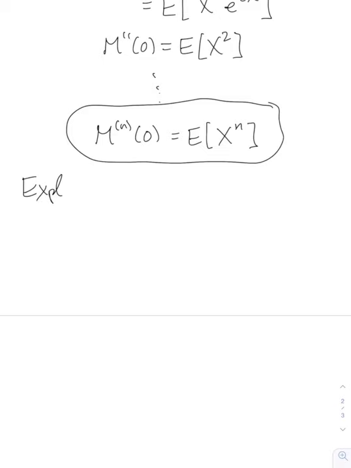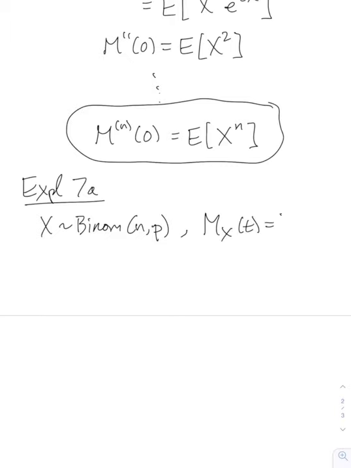So here's example 7a. All right, so X here in this example is going to be binomial with parameters n and p, and we want to compute the moment generating function.